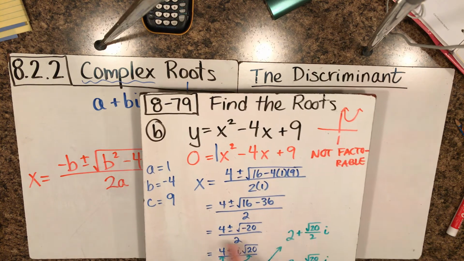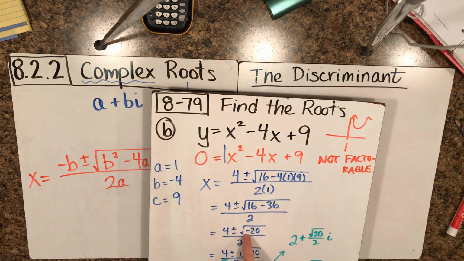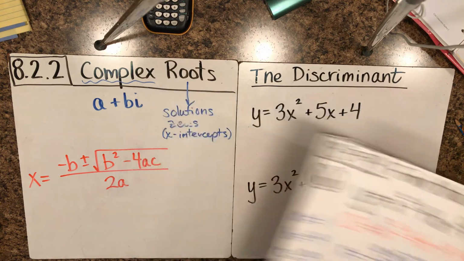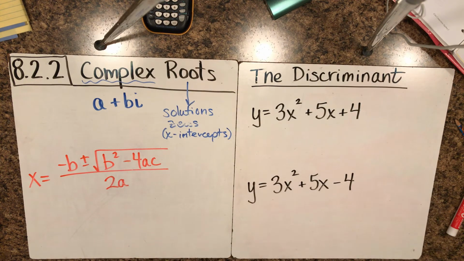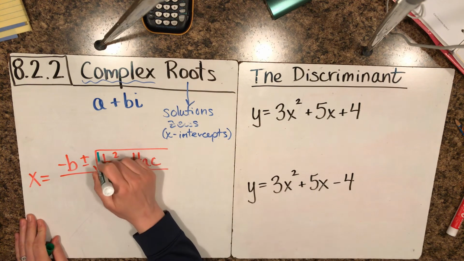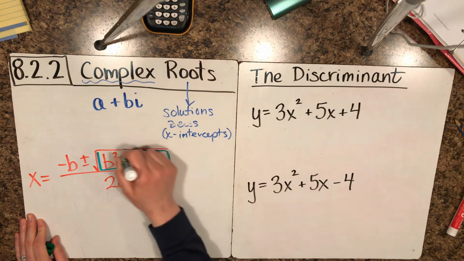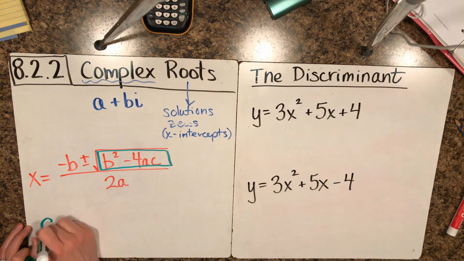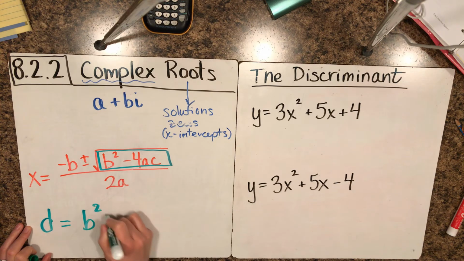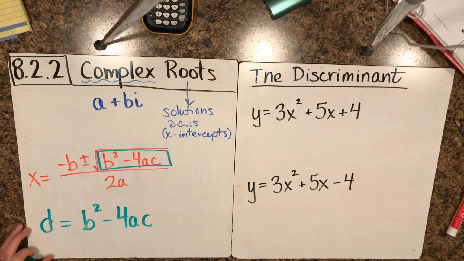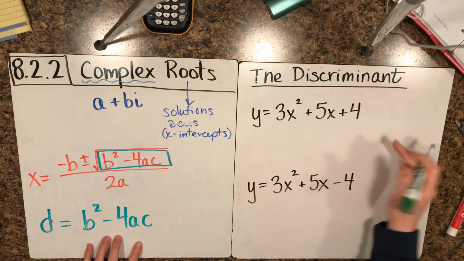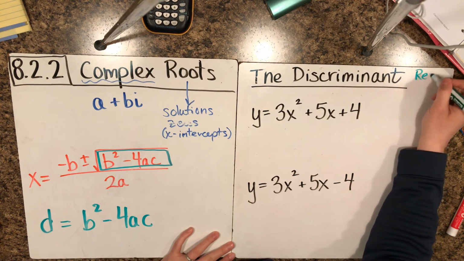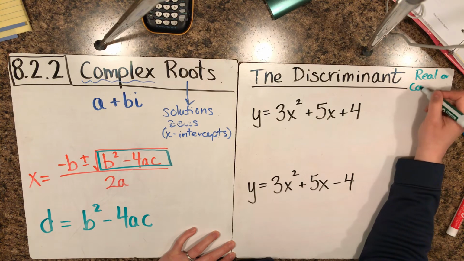But the reason that this one was imaginary was because we had a negative inside the square root. So the discriminant is actually just this stuff inside the square root of the quadratic formula. Okay, b squared minus 4ac. And we can use the discriminant to decide, do these have real or complex roots?